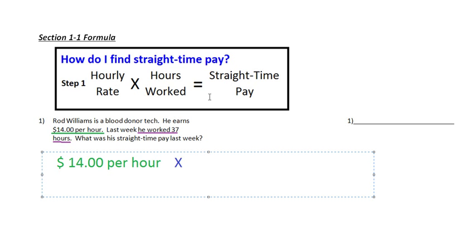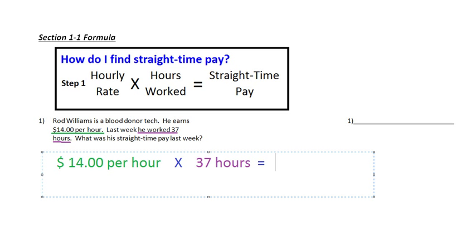So as we're setting up the formula and getting back to that, we find that once again his hourly rate is $14 per hour, and we know that he worked 37 hours last week. Well, look at this. We've just set up our problem, and I've actually used the corresponding colors that I used to underline the information so that you can kind of see where I'm getting them.